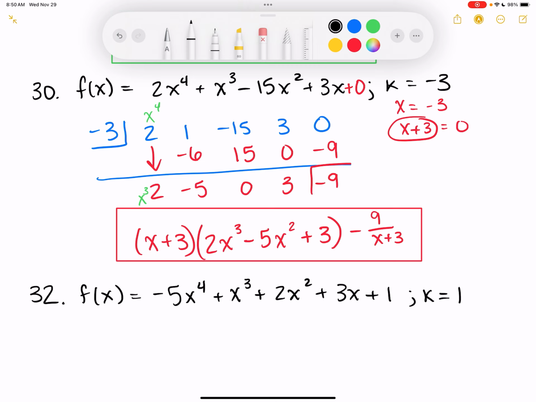And just because we haven't had one that ended up this way, if it had a positive remainder, this sign would just be a plus here instead of a minus. So it's not like it's always minus. It's whatever the sign is here. So just FYI. All right, take a minute and try that one.